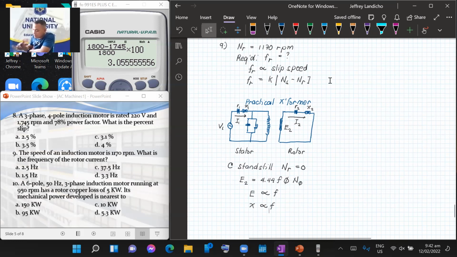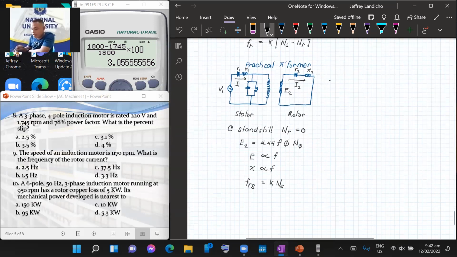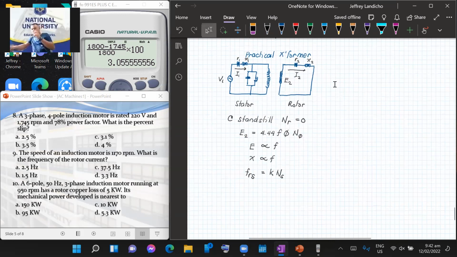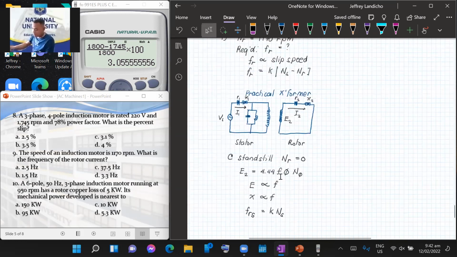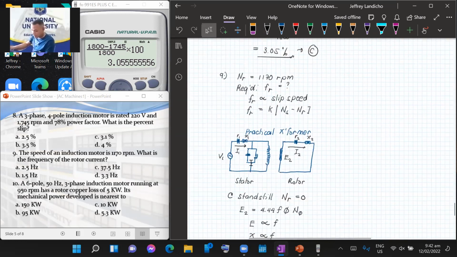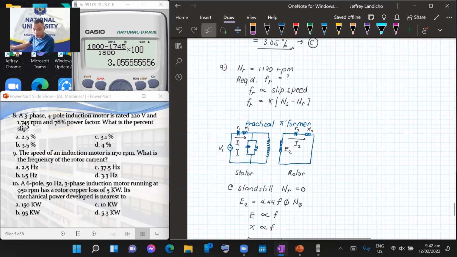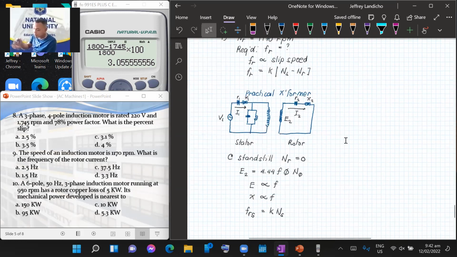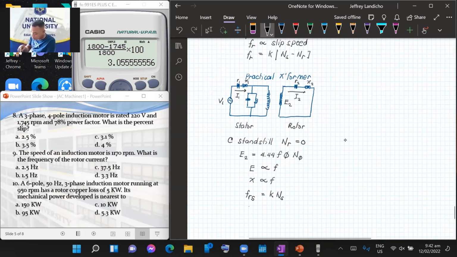Kapatid, pag kinuha natin ngayon yung ating rotor frequency at standstill, NR is 0. So anong lumalabas? That the rotor frequency, sabihin natin, at standstill, S, it is now only equal to K multiplied kanino? S. Tama ba? Eh, alam natin, kapatid, that the frequency at the stator, ano frequency sa stator?